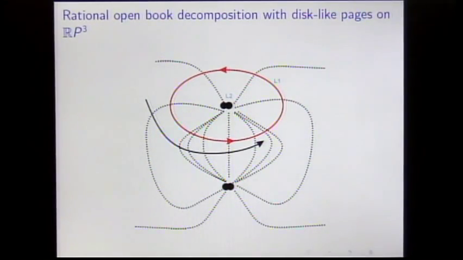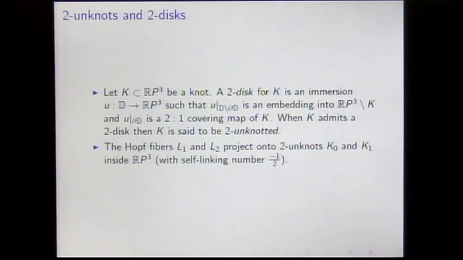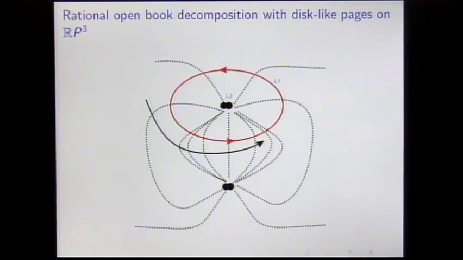The difference is that this is again a family of embedded disks. They are approaching this knot as a double cover. Okay? So this knot that we see here is what we call a 2-unknot, because it admits this disk, which is embedded in the interior and a double cover on the boundary.